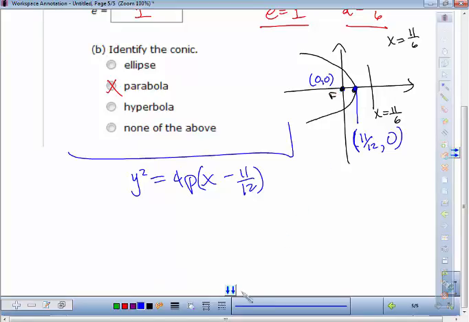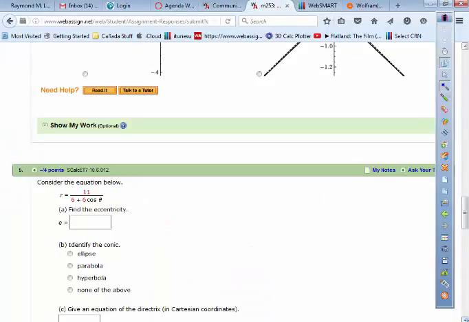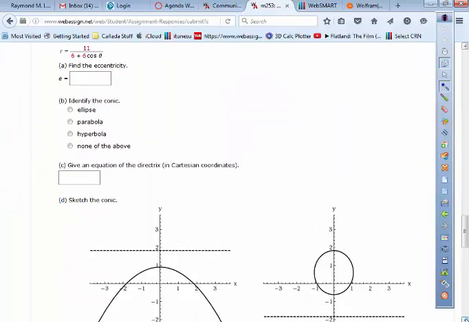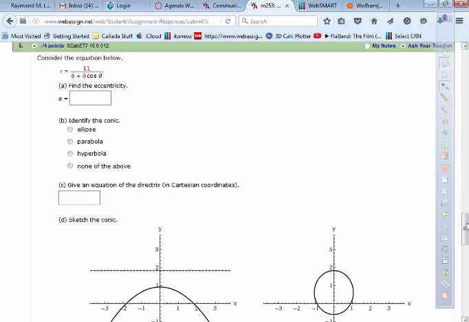Let's see. I just said to give the equation. Well, I just want to say equation, right? Oh, the directrix.